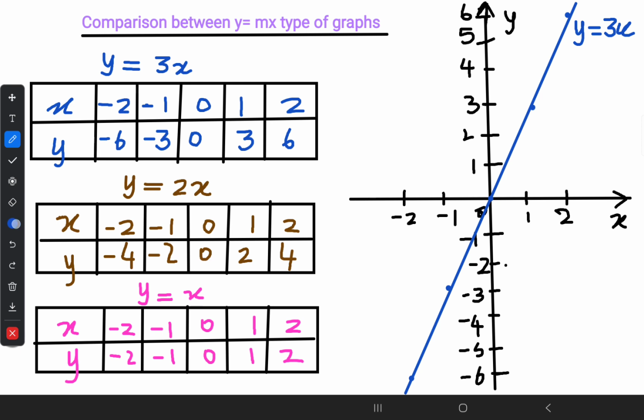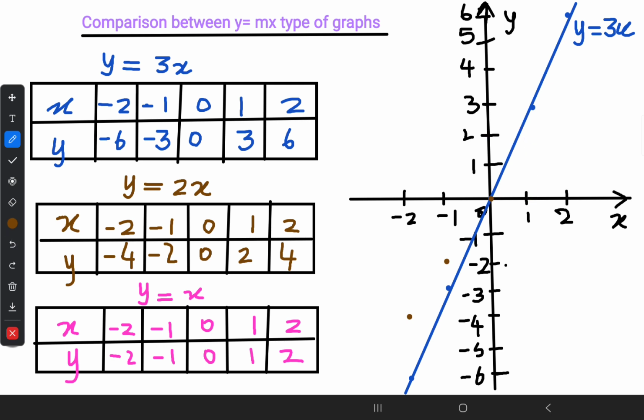Now let's come to the second one. What is that? The y equals 2x function. For that also we already found the coordinates. Let's mark the coordinates and plot the graph on the same plane. When x is negative 2, y would be negative 4. x is negative 1, y is negative 2. 0, 0, and 1, 2.